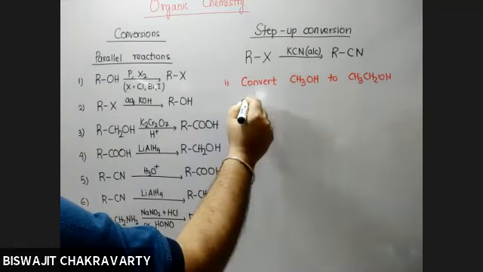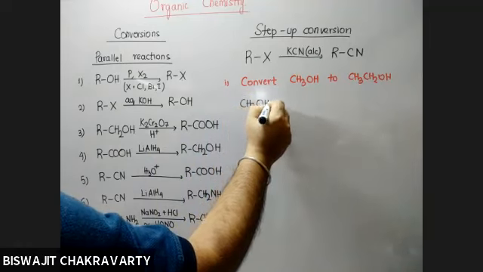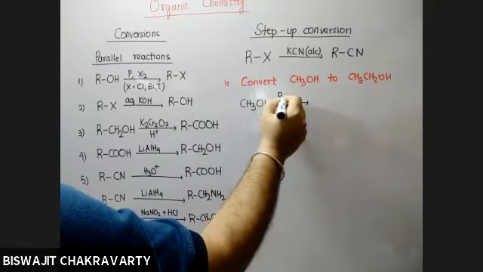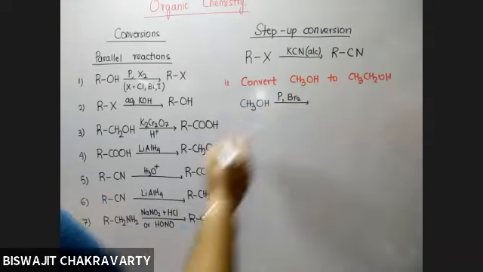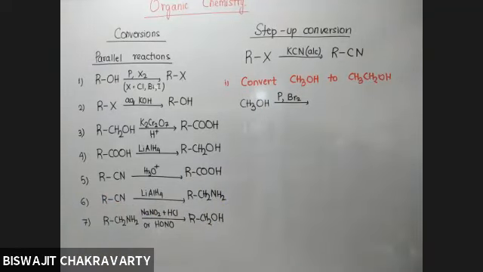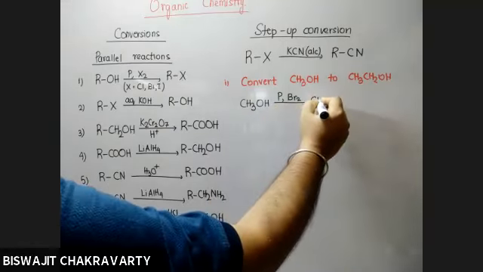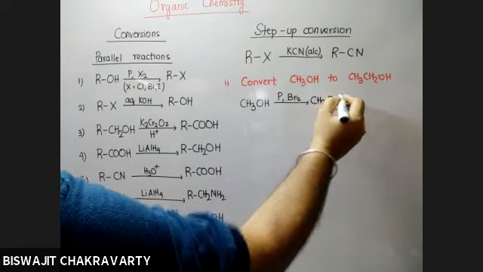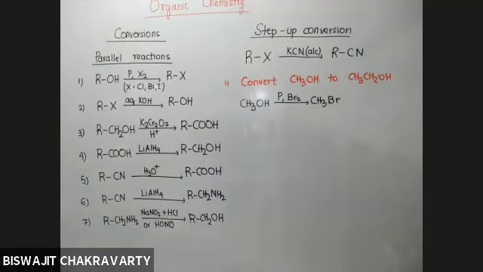So our main aim is to convert the alcohol to alkyl halide, because we know that only upon treatment of alcohol with phosphorus and bromine, I could have taken phosphorus, chlorine also, or phosphorus, iodine also. But if you are taking phosphorus, bromine, the product will be CH3Br. Clear?